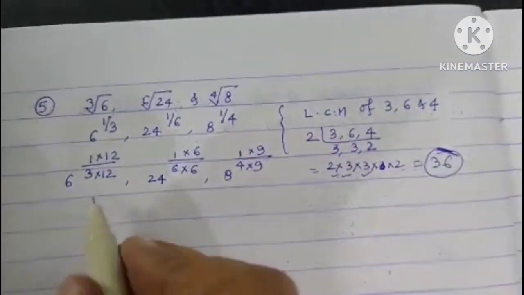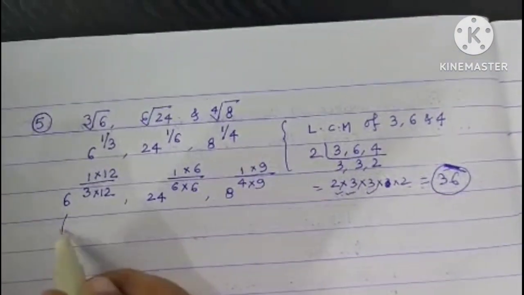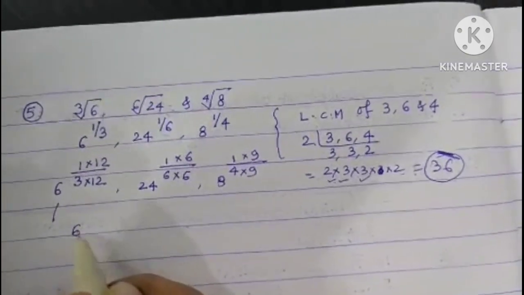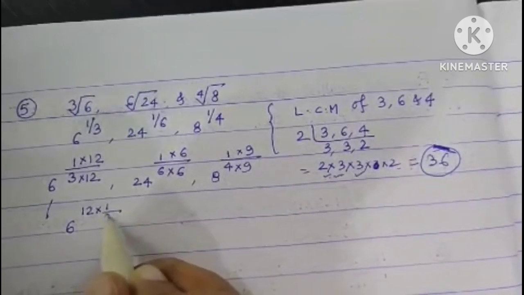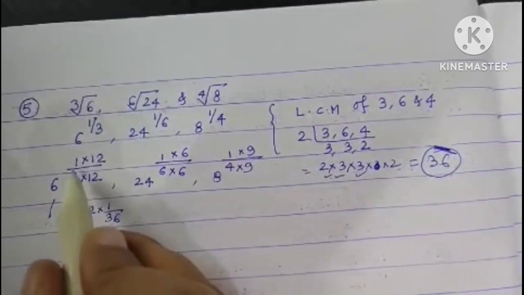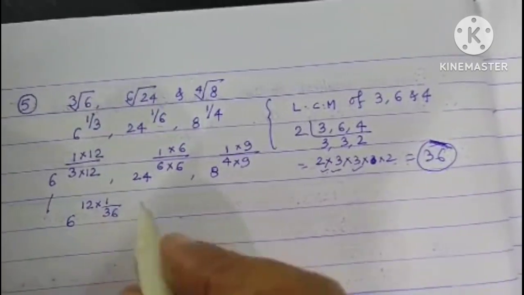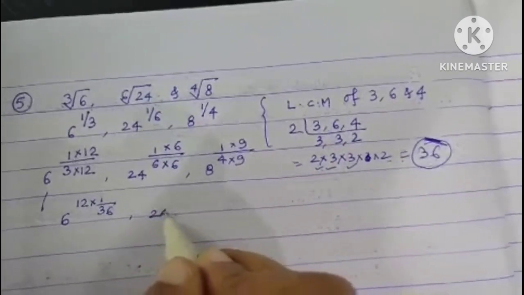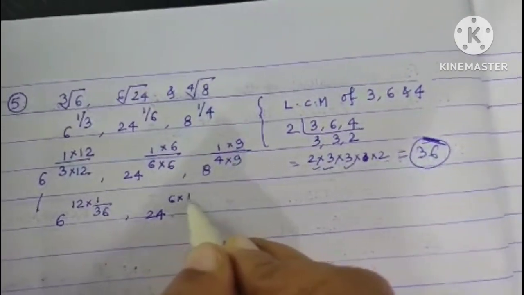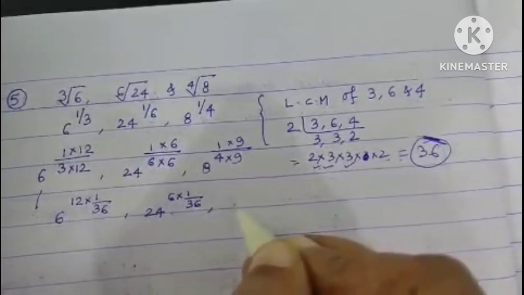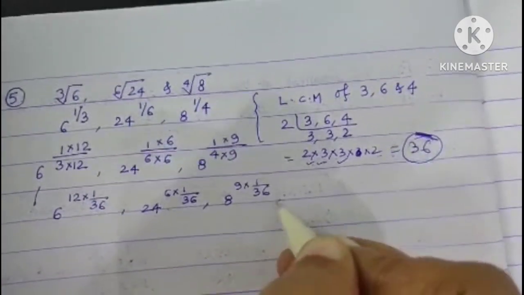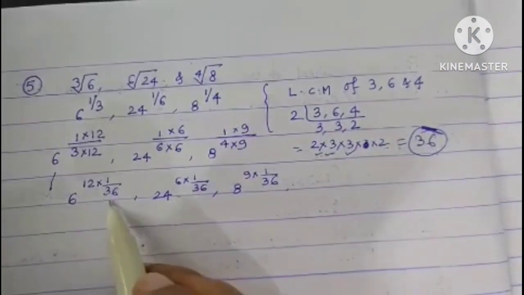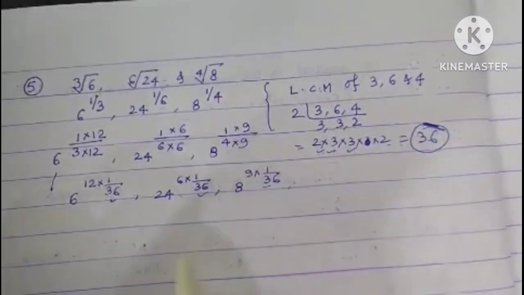Now we will apply the rules. Which rules? This one we can write 6 to the power 12 into 1 by 36, and this one we can write 6 into 1 by 36, and this one we can write 9 into 1 by 36. We have converted the exponents in the form of 1 by 36 so as to compare.